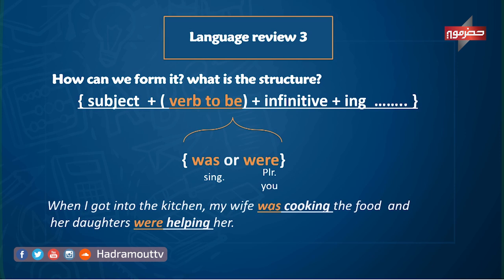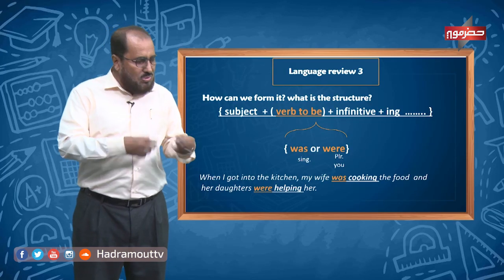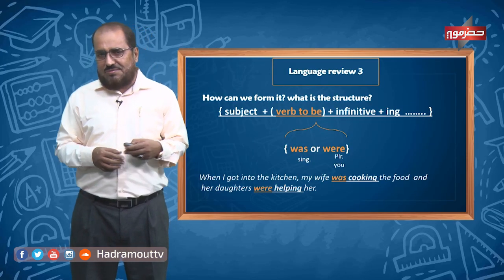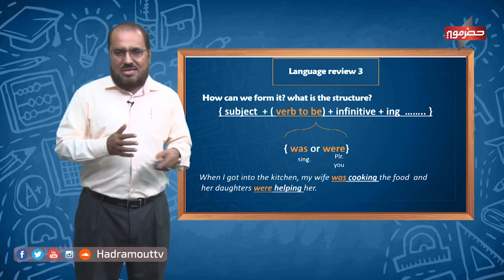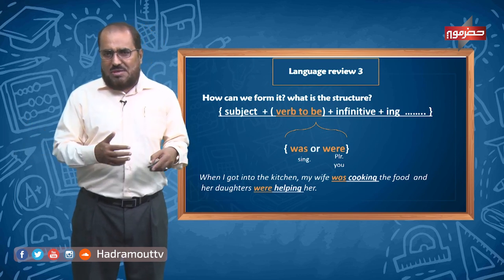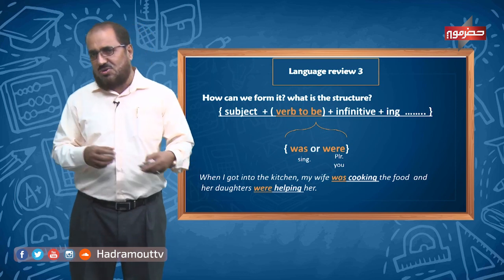When I got into the kitchen, my wife was cooking the food and her daughters were helping her. When I got into the kitchen, my wife was cooking the food. She was busy cooking the food, and you can see her children were helping her, washing dishes or preparing some ingredients for cooking.